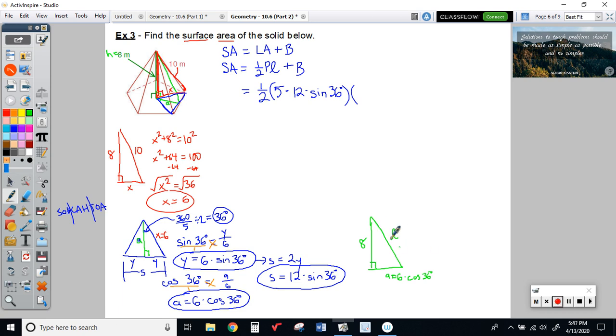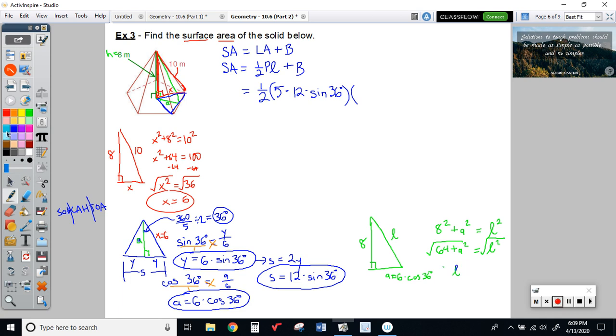This is our L. And so to figure out what L is, it looks like I could do 8 squared plus A squared equals L squared. And so from there, I'd have 64 plus A squared equals L squared. And that means, if I take the square root of both sides, why don't I just do that now, get rid of the squared part.